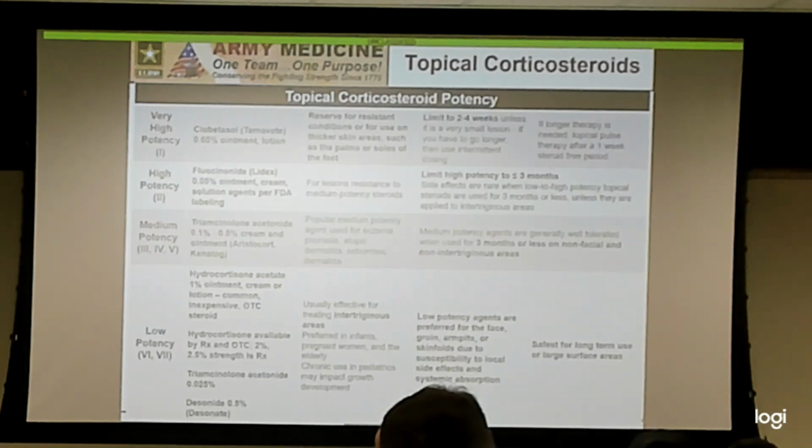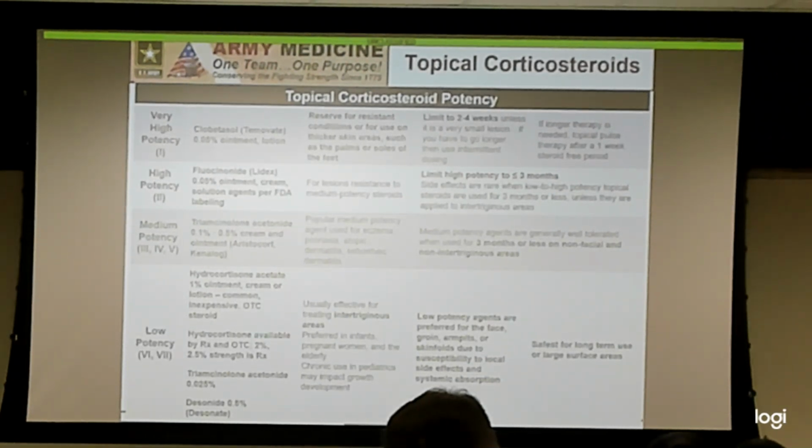When you're looking again at your high potency, this is more so because we have the same limitations that we would use on our very high, but this is because I gave them a medium potency and they didn't respond to it well. If they didn't respond to it well, you're going to slowly start to increase that potency. So that's why they're in their high potency. And then limited to less than 3 months, which was the same as our medium potency.